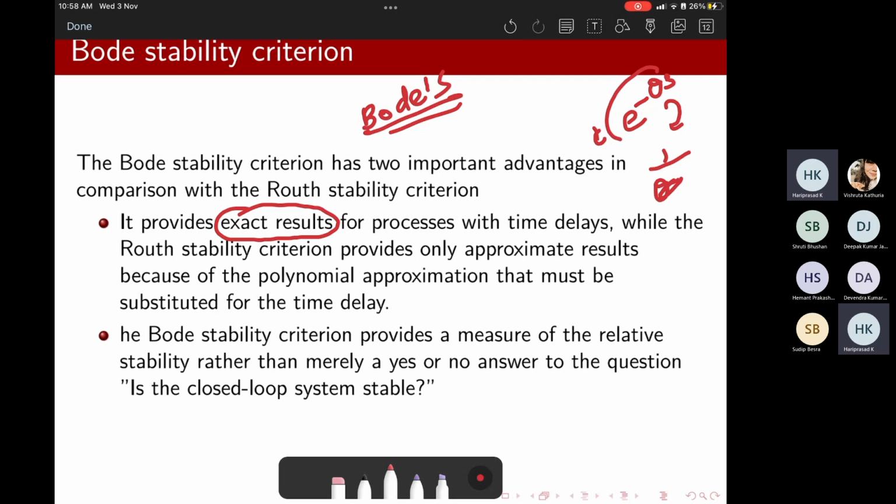So it is an approximate inference, while Bode would give you an exact result. And of course, the Bode plot is more of a relative stability rather than an absolute stability, as we will see. So the advantage here is it gives a more exact result because there is no approximation.